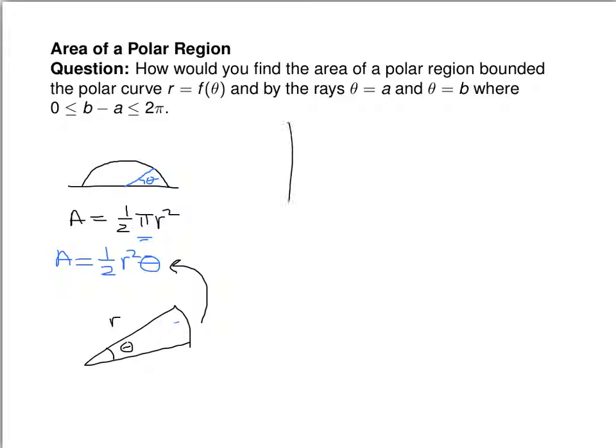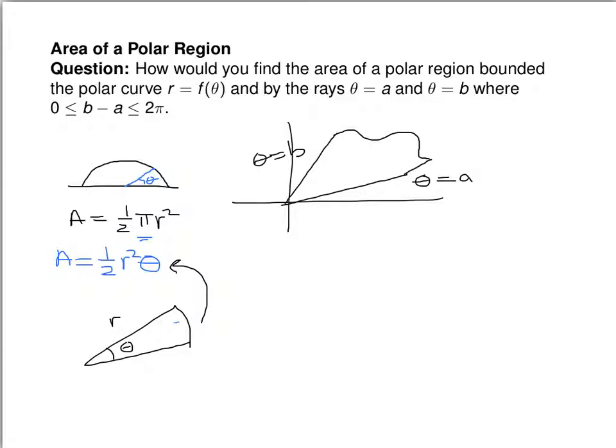So suppose now you have some polar curve bounded by theta equals a and theta equals b, and there's some weirdness in the middle. You start like we almost always do by dividing this region into smaller regions. The curve that describes these radii is r equals f of theta.